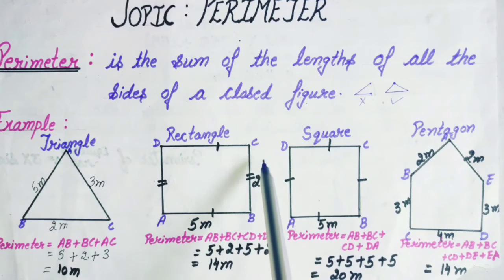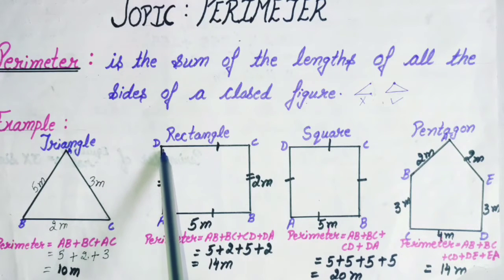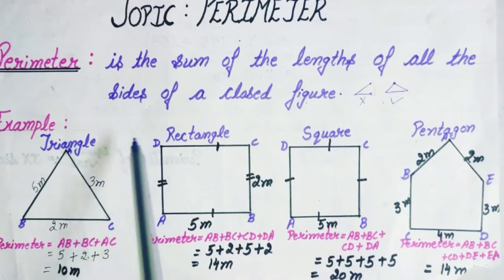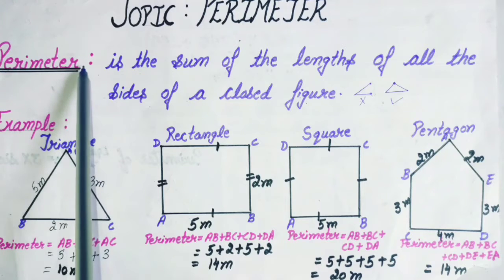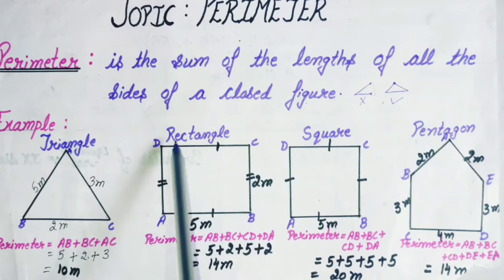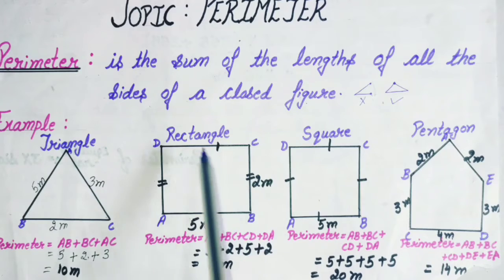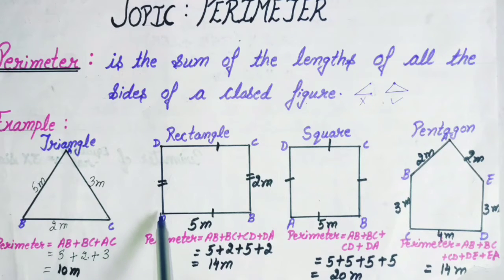If BC is 2 meter, then AD will also be 2 meter. Now the question is saying to find the perimeter. So what do we have to do? We have to plus all the lengths of its sides, right? So AB plus BC plus CD plus AD. When we add all the sides, we will get 14 meter as the perimeter.